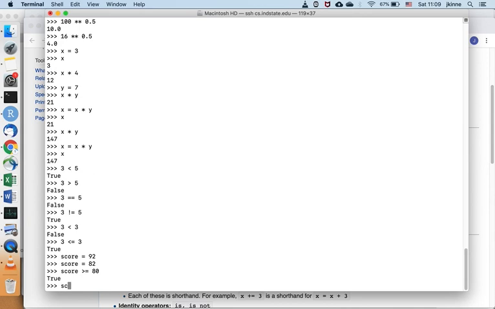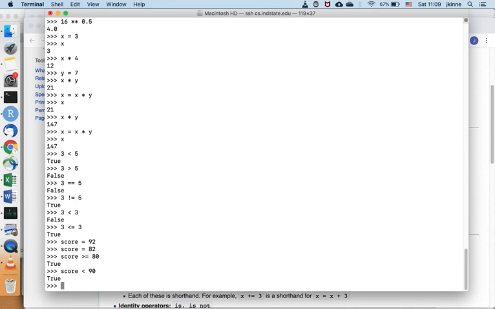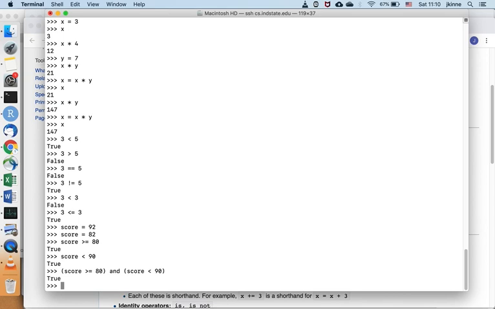It is. Is score less than 90? It is. Now if I want to combine both of those, one way to do that is by saying score greater than or equal to 80 and score is less than 90. Okay, so both of those are true.